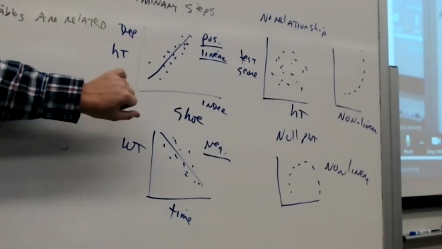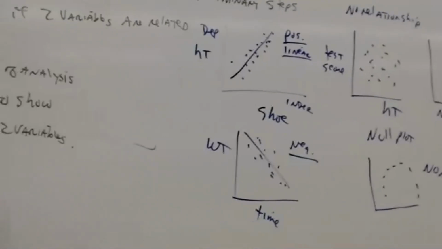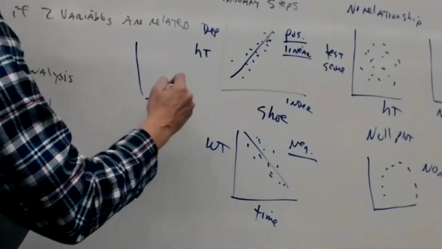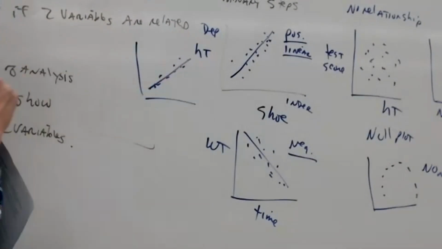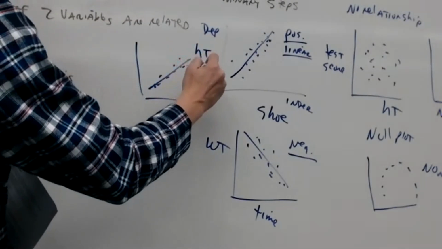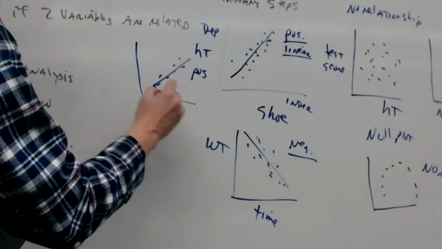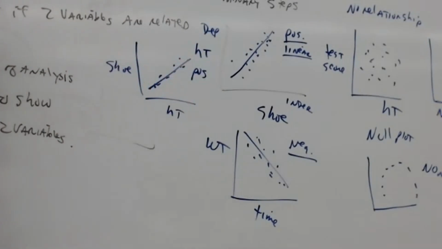And the fact of the matter is, even if I were to flip these, I may expect a different slope, but it's still going to be positive. And if I had my height here and my shoe size here, okay? Sometimes it's a little bit hard to figure out which one's your independent variable, which one's your dependent.